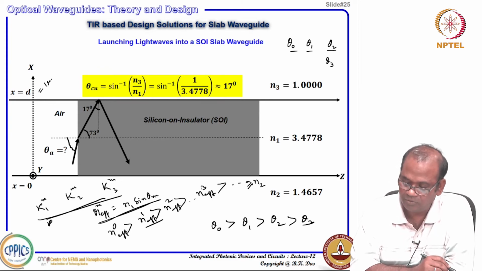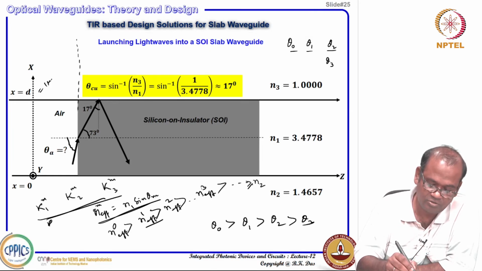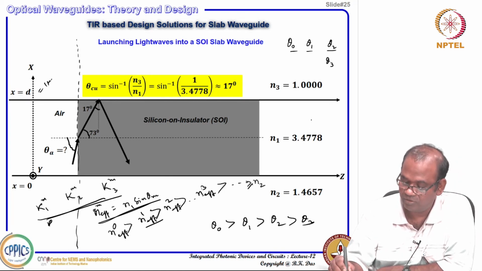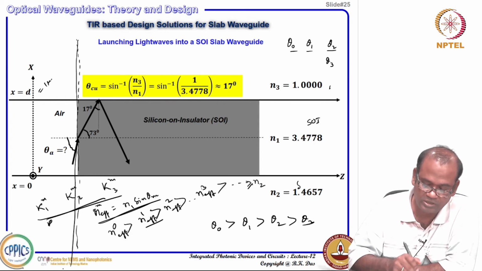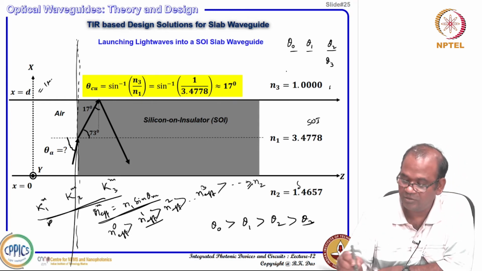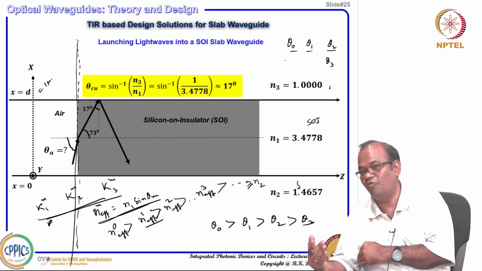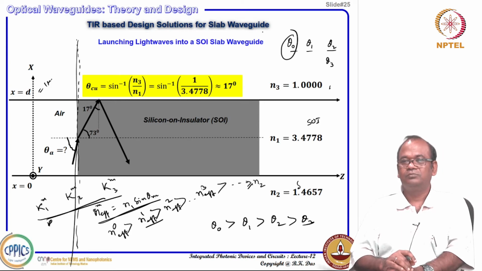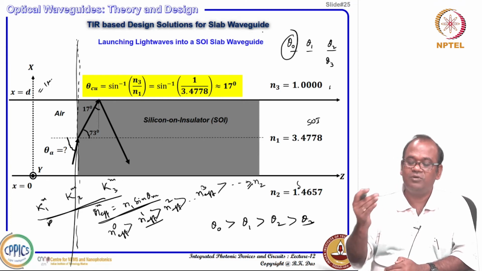So, I would like to know, when I am launching light, suppose you have somehow diced here, vertically clipped the substrate, this is your device layer SOI and this is silicon dioxide, below will be substrate and air. Now, you just cut this point and polished and you want to launch a light. You have 4 different modes it can support in TE polarization, TM polarization is also another 4, but I want to excite only theta naught.